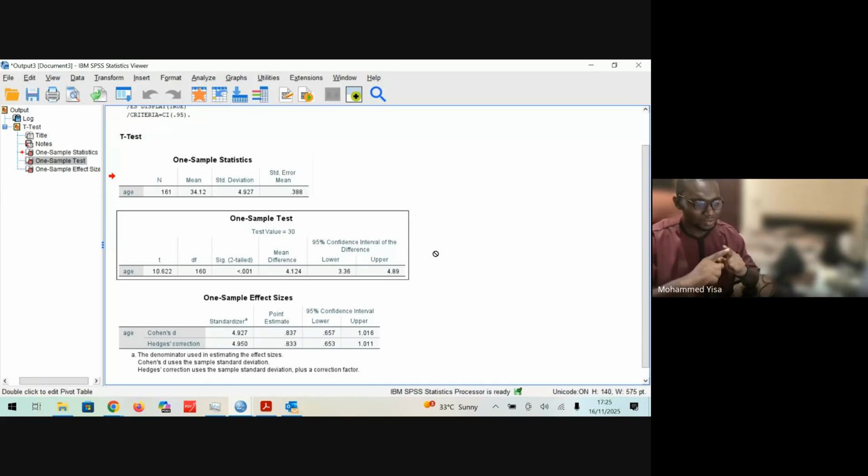However, if you are looking at something like a ratio, for example, an odds ratio or a risk ratio, because that is a ratio, you are dividing something by the other. In that particular case, the null value would be 1, because if you divide something by 1, it remains 1.